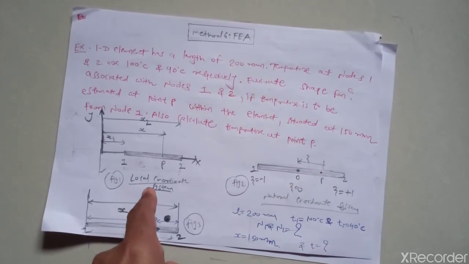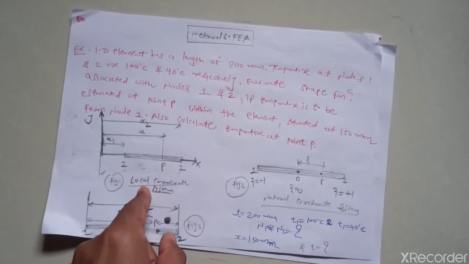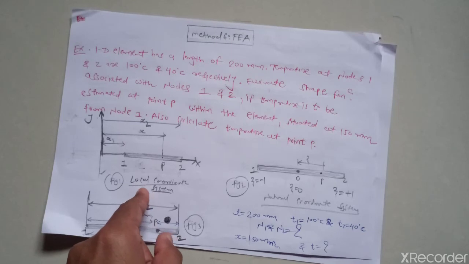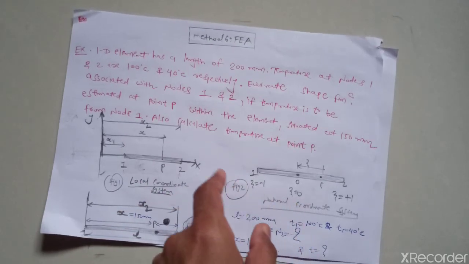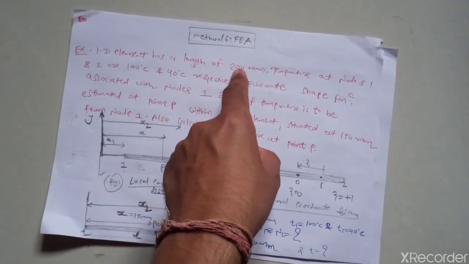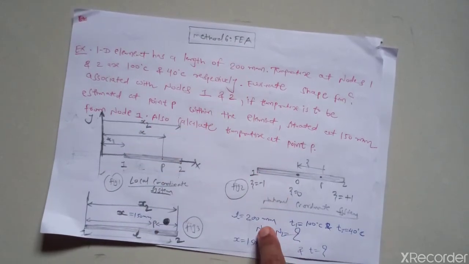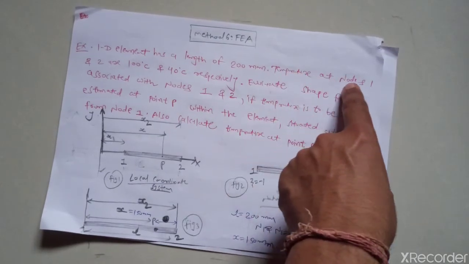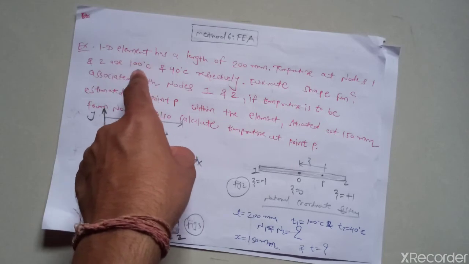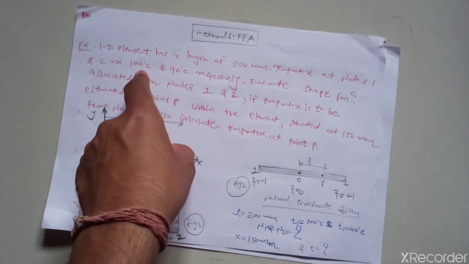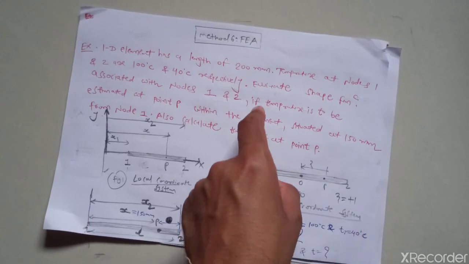Now we understood this figure in the last theory. This one is the local coordinate system and this one is the natural coordinate system. Here the length of the element is given, l is equal to 200 mm. Then the temperatures at node 1 and node 2 are given: T1 is equal to 100 degrees Celsius and T2 is equal to 40 degrees Celsius.